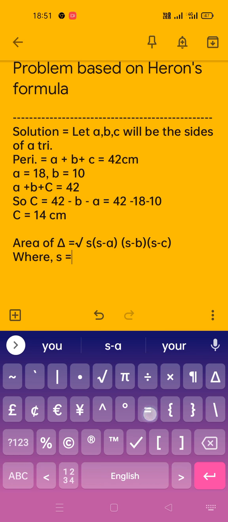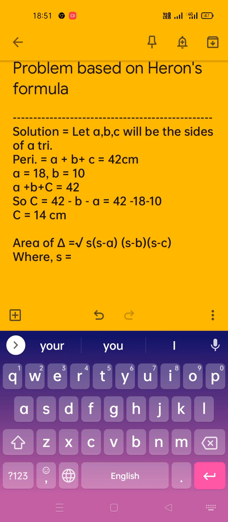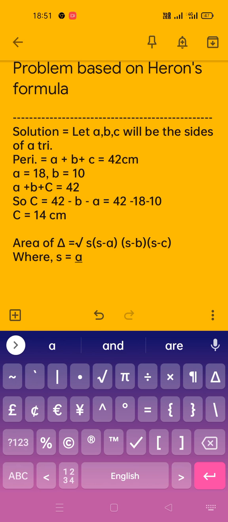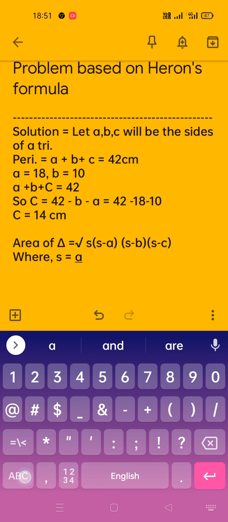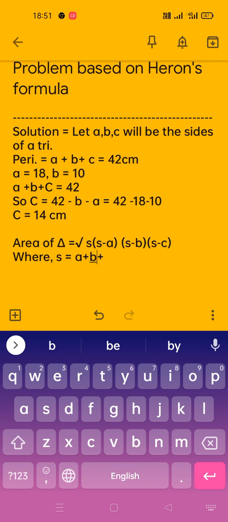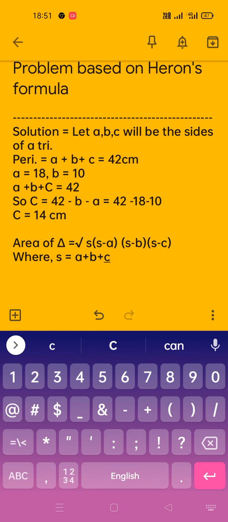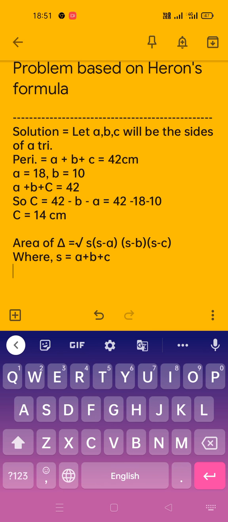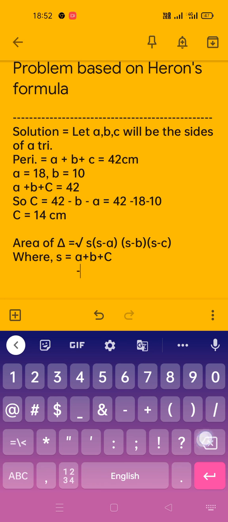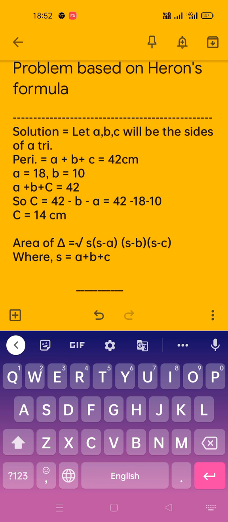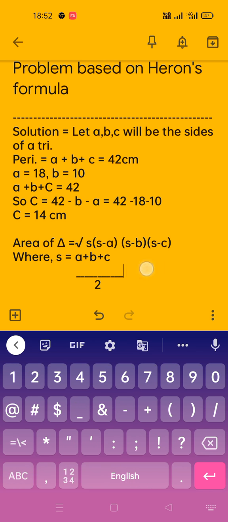Now s is equal to, s stands for semi perimeter, right? s is not side, s is semi perimeter. Now the formula for semi perimeter is what I told you: a plus b plus c divided by 2.